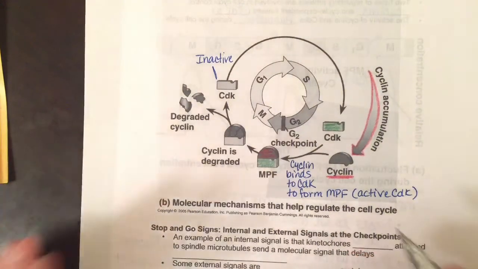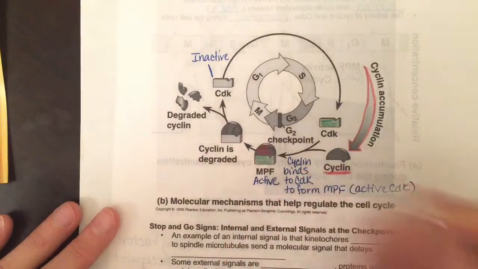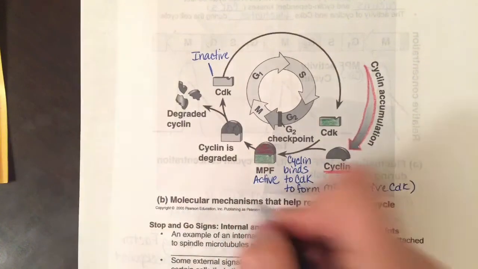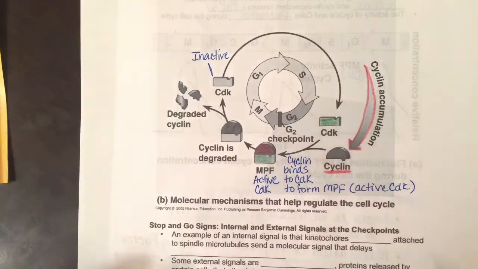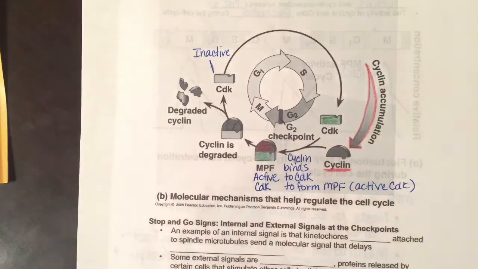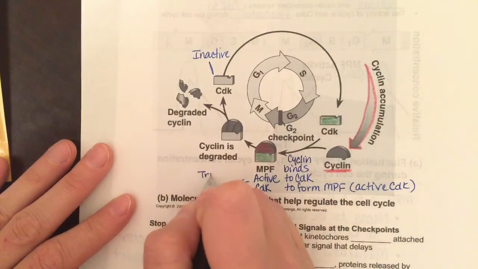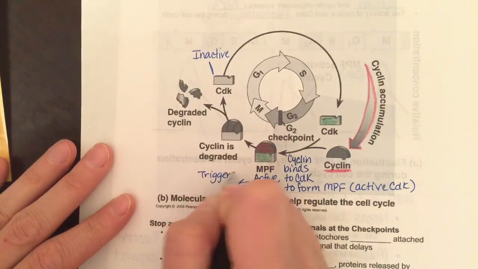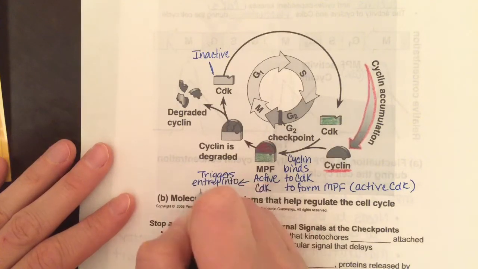It has activated it. So this is now in the active form. Active CDK. And what this is going to do when it's active is trigger entry into the M phase. Triggers entry into mitosis.